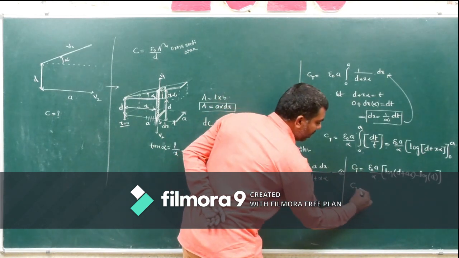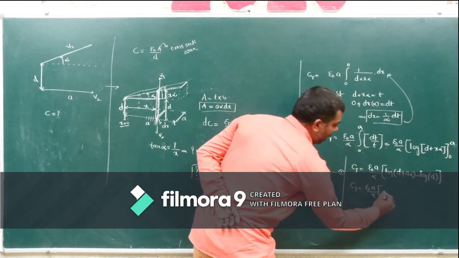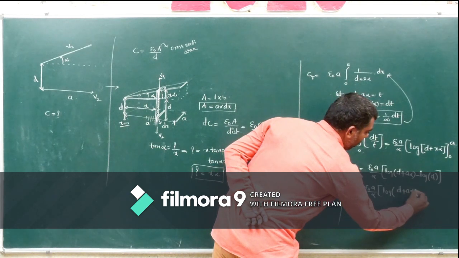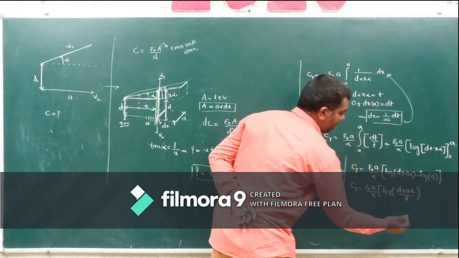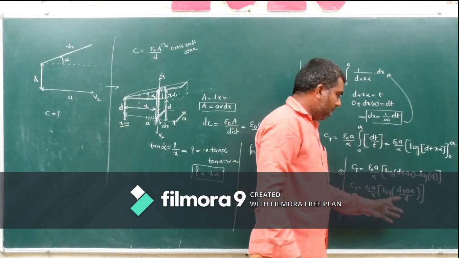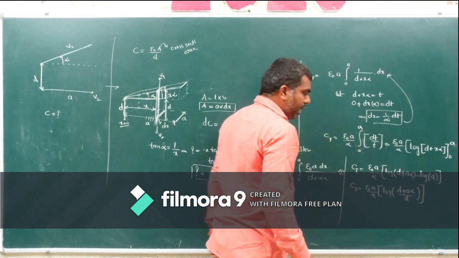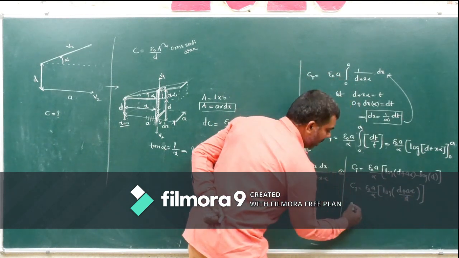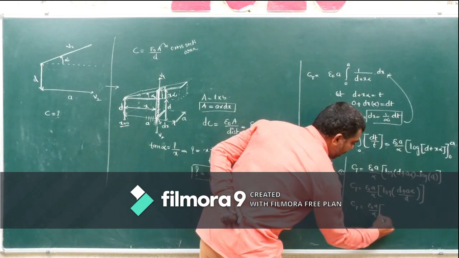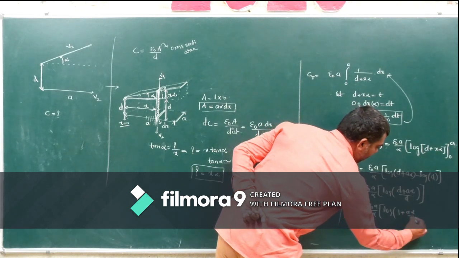We can write C total directly as epsilon naught a by alpha times log of d plus a alpha by d. If you write this d separately, d by d is 1 and plus a alpha by d. So C total is equal to epsilon naught a divided by alpha log of 1 plus a alpha by d.